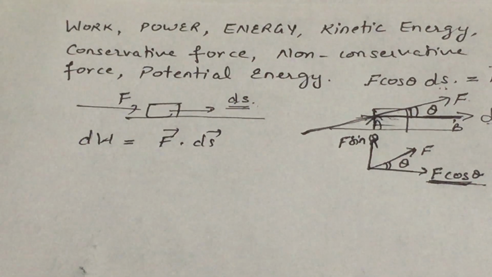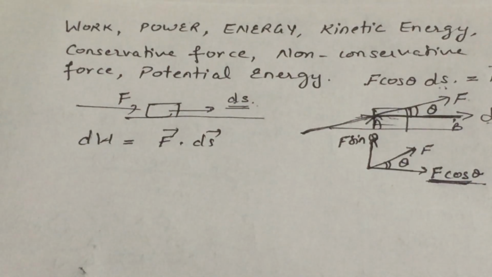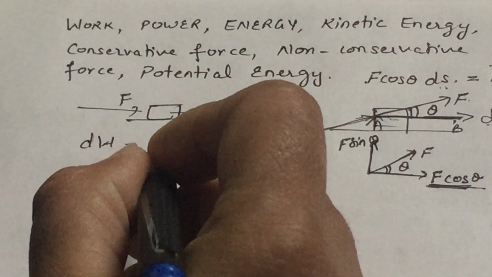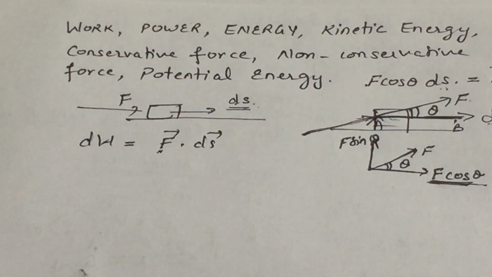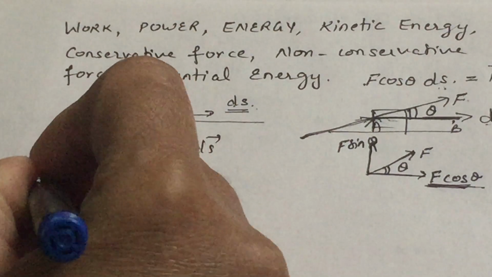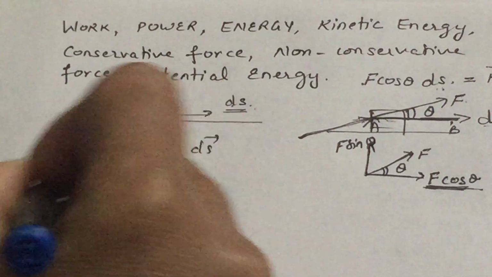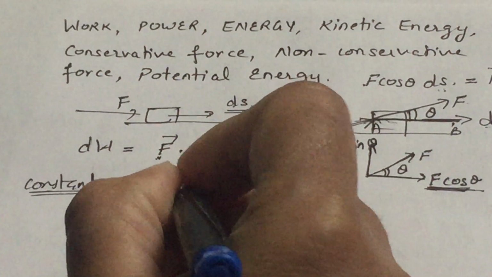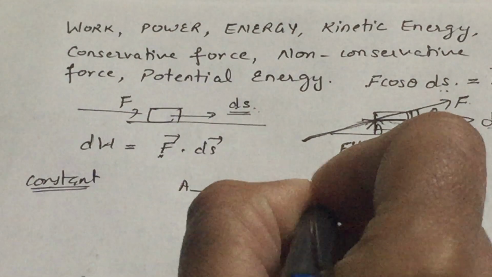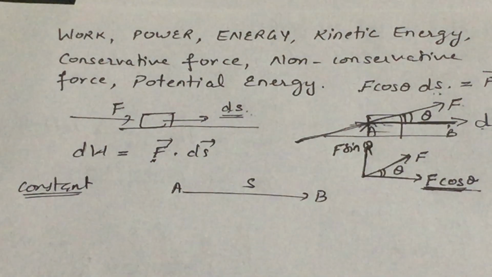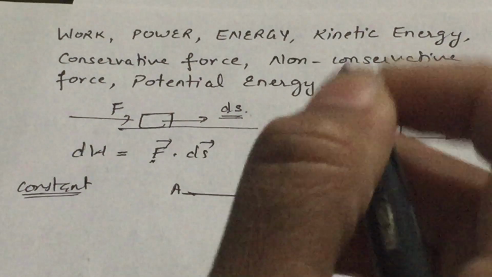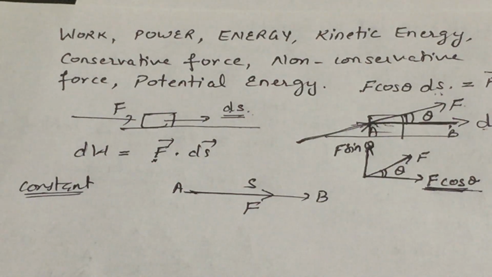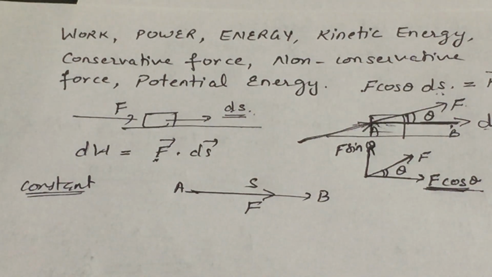If we have to calculate the total amount of work done, then for a constant force we can very easily calculate it. It means if a body is moving from point A to point B and showing a displacement of S, and a constant force is applied on this body, then we can easily find out the work.